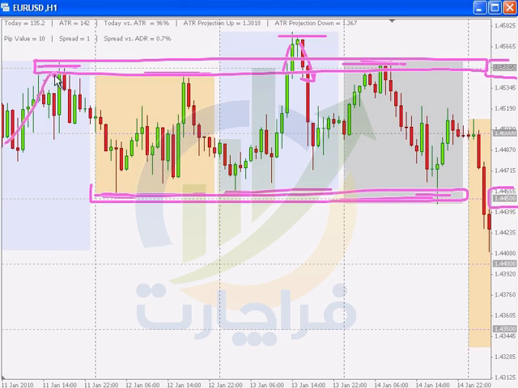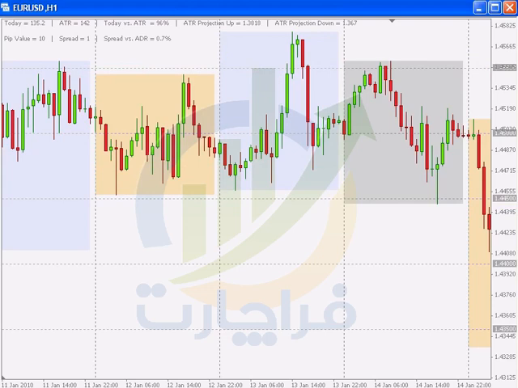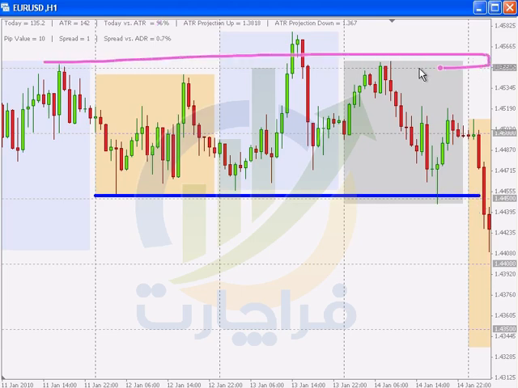See how price has been simply flapping up and down in between those two levels. Sideways price action, no directional bias at all, right? So we mark the horizontal boundaries, that's to the downside, and this one would be to the upside.